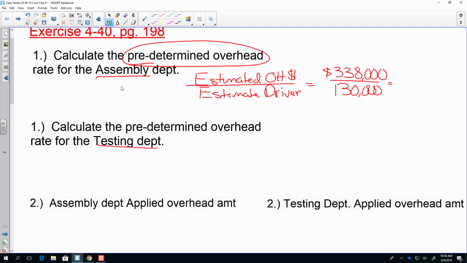That's all right. It's $2.60. I thought you said 26%. Yeah, okay.